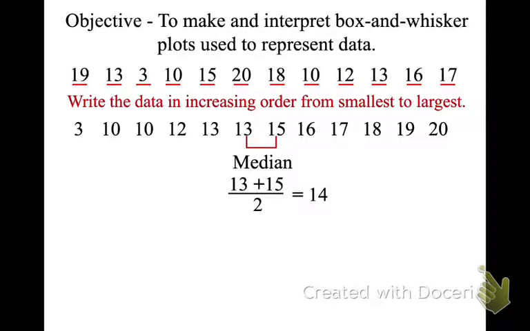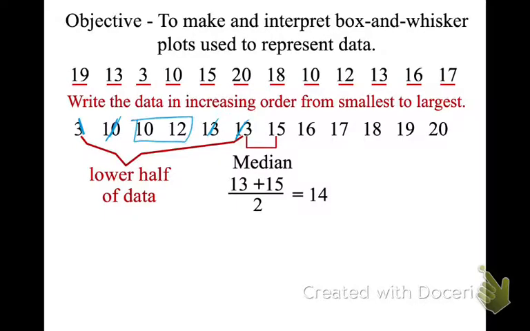We're going to do the same thing for the lower half of the data between 3 and 13. We're going to find the median, okay? That lower half of the data is, I'm going to, again, go through. Now, notice it's the outside numbers, the inside numbers, and notice I'm going to take, it's between 10 and 12.